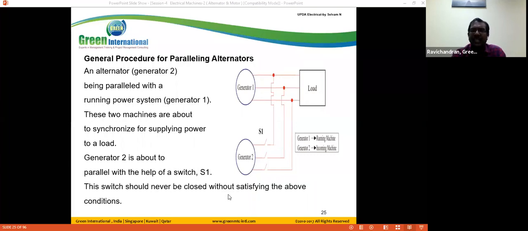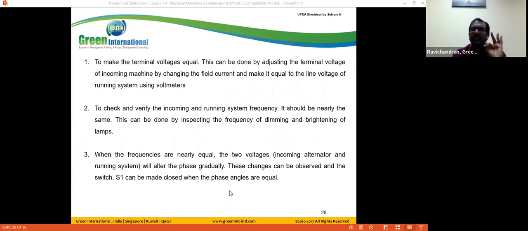We need to satisfy the four conditions: the phase voltage equal, phase sequence equal, phase angle equal, and the frequency.